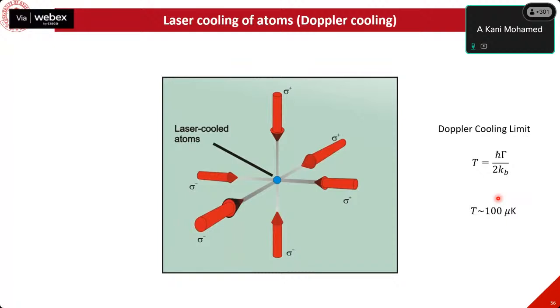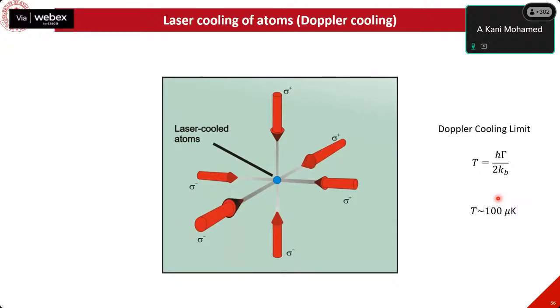Now we have cooled the atom and we have created a matter wave like an optical wave. But next we have to manipulate or redirect it, like the optical elements that we use in optics. We have to make some elements for matter waves.